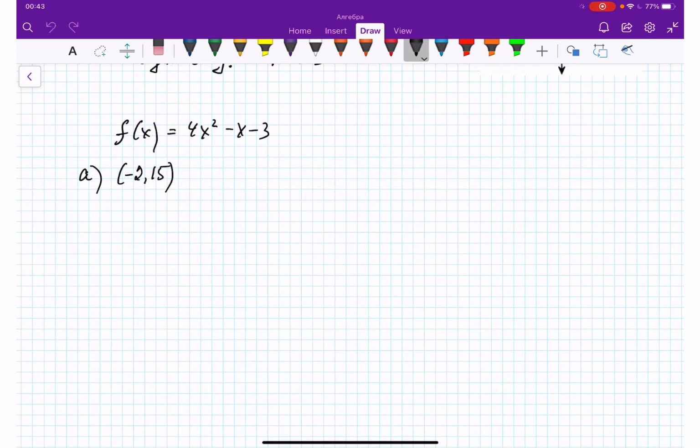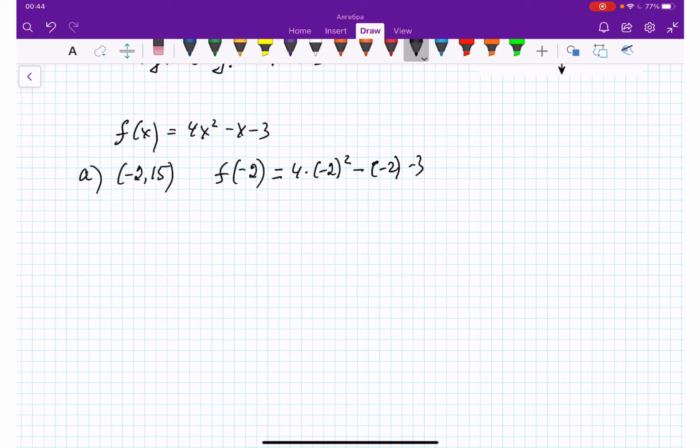Okay, how are we going to find out? We are going to plug in f of -2, right? X is -2, and see if we get 15. 4 times -2 squared minus (-2) minus 3.